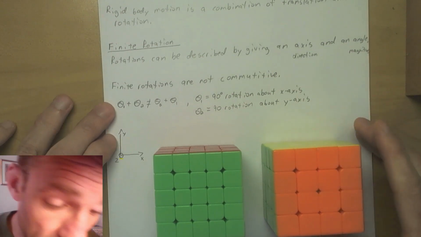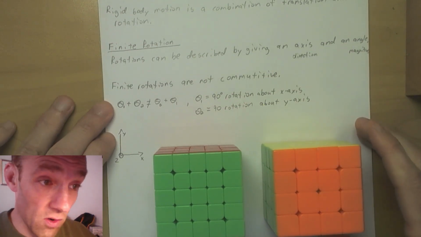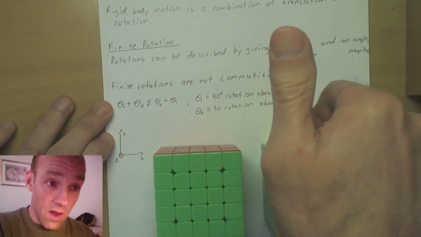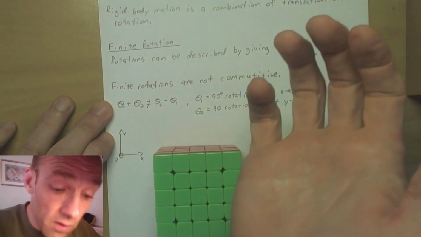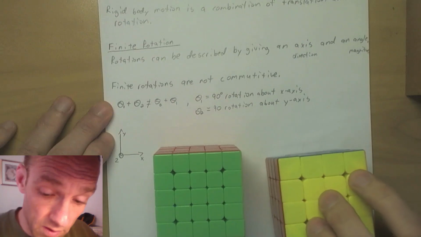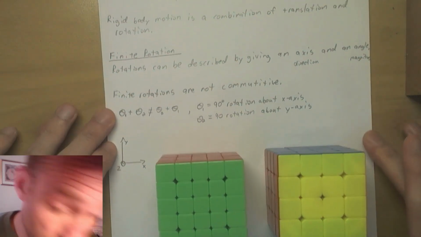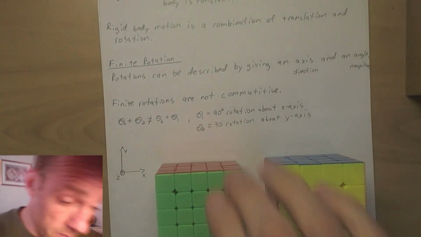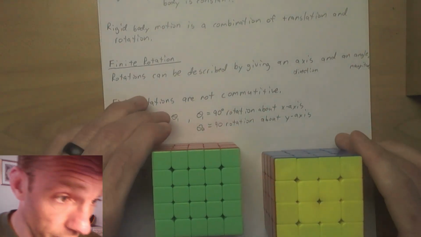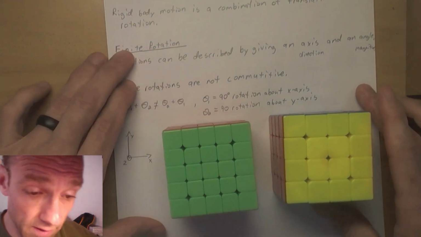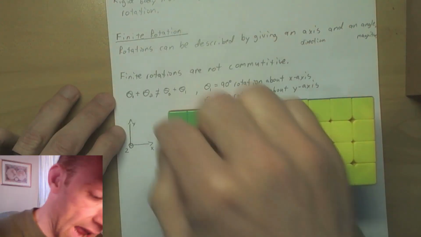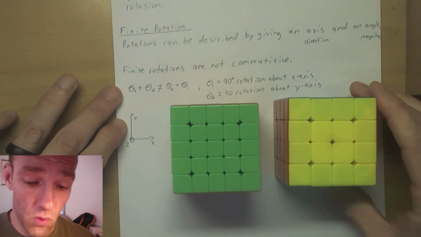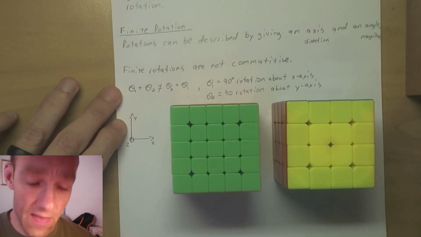Now, if I were to do it in the opposite order, I'm going to rotate 90 degrees about y, then 90 degrees about x. So let's see here. They clearly don't wind up in the same orientation. So we can't add finite rotations in that way.